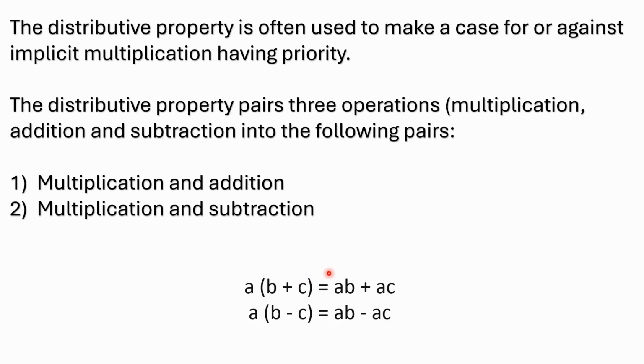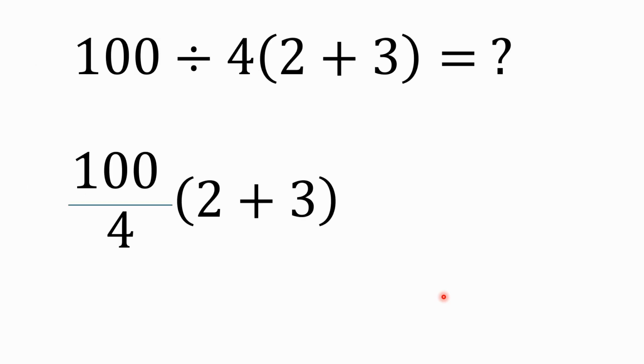So you've got A times the quantity B plus C is the same thing as AB plus AC. Or with subtraction, A times the quantity B minus C is the same as AB minus AC. So this is often used on both sides of the argument.